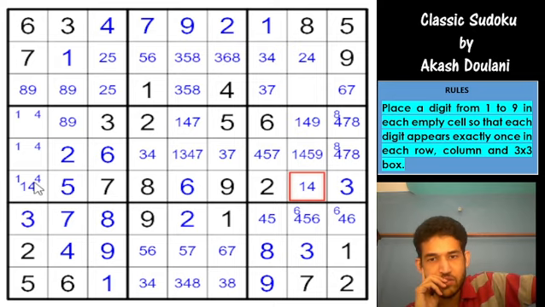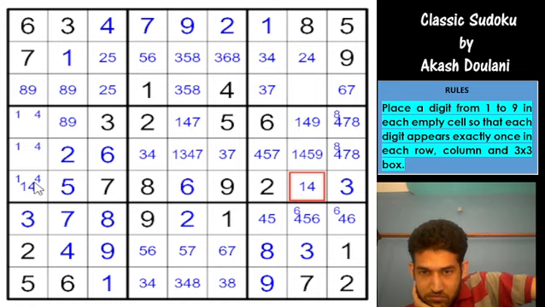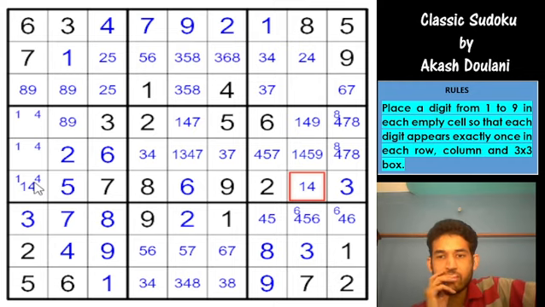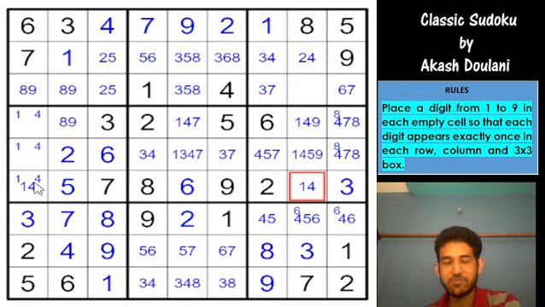So many 4s in the grid. So is there something that we can do with the 4s? What is the Sudoku hiding at this point?